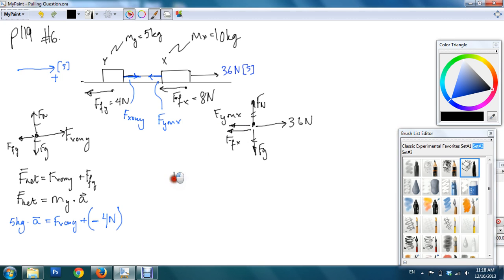In any case, the net force on X is the sum of all these forces, so it's positive 36 newtons, plus the force of friction, plus the force from the tension in the cable, which is Fy on X, plus Fg plus Fn, but they will equalize each other, so I won't right now.